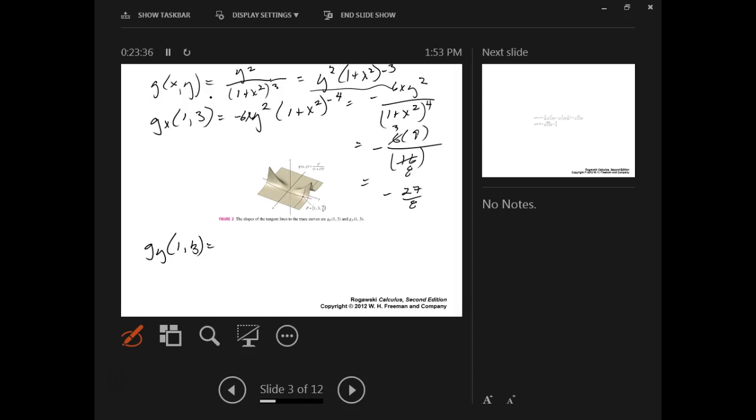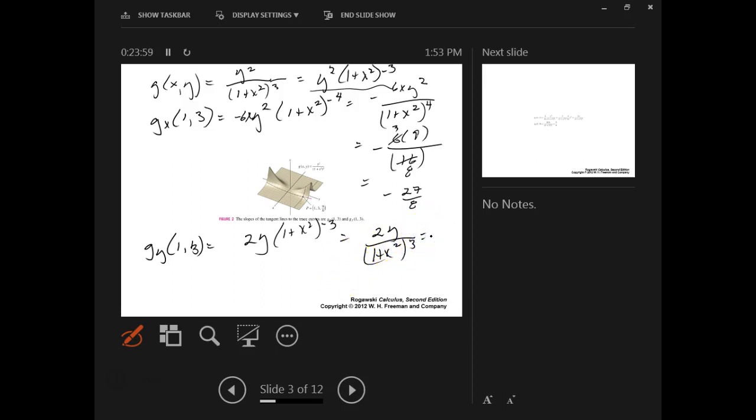It'll be 2y times 1 plus x squared to the negative 3. Yeah, exactly. Which you could go back and write as 2y over 1 plus x squared cubed.